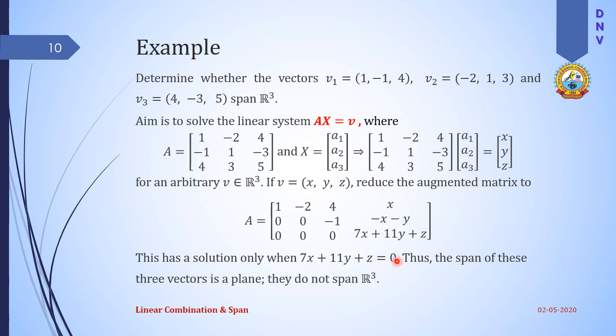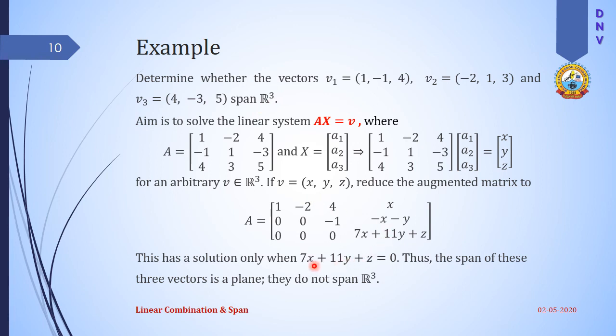So when there is a condition upon x, y and z, it ceases to be arbitrary, because an arbitrary vector is one which can assume any value from the set of real numbers contained in R cube.